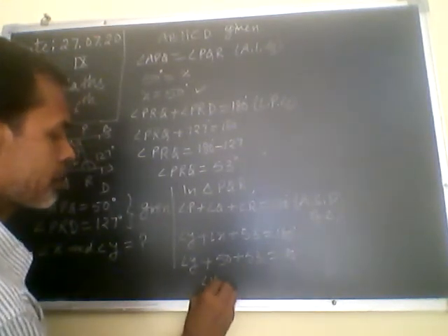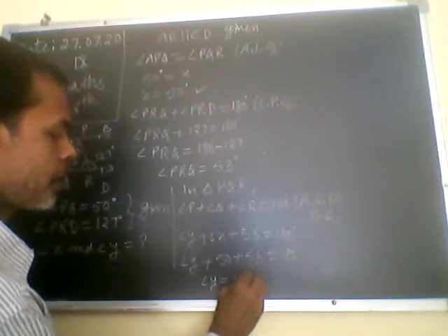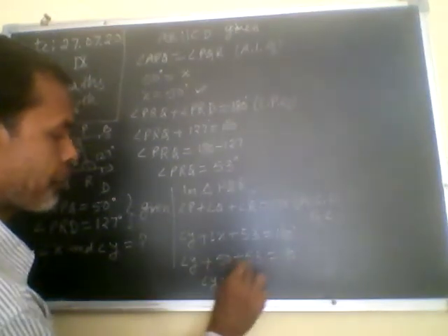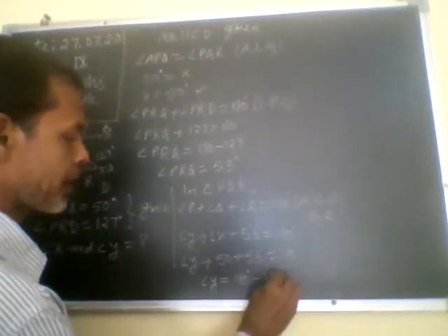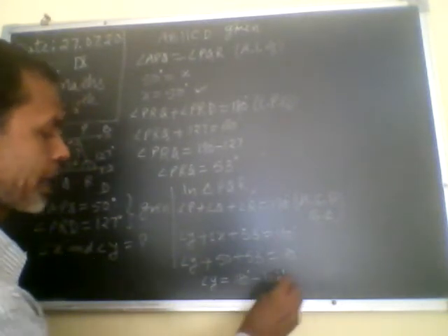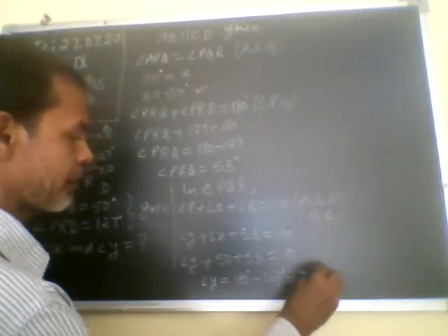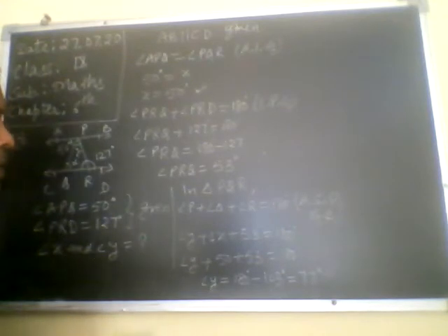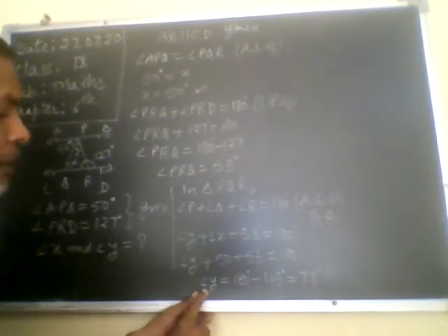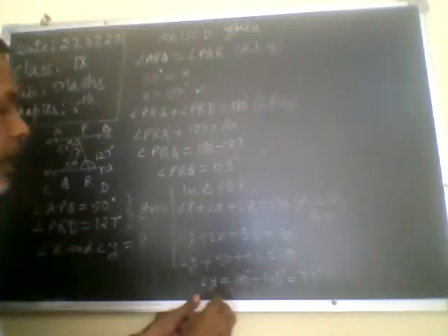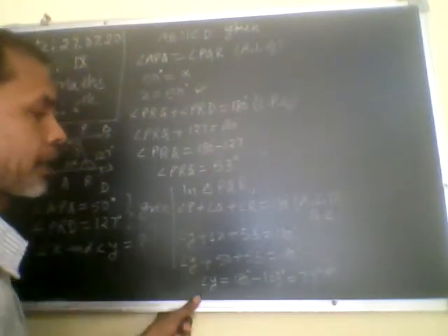So Y is 180 minus (50 plus 53), that is 103 degrees. So Y is 77 degrees. This is the second angle which we have to find. Angle X is 50 and angle Y equals 77 degrees.